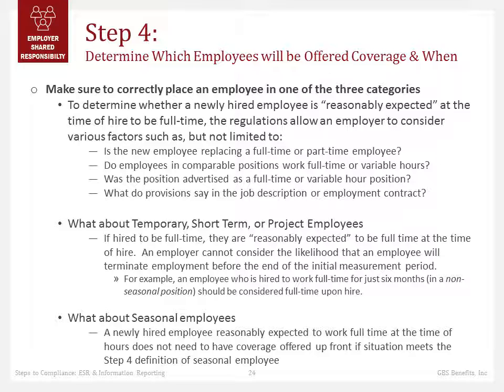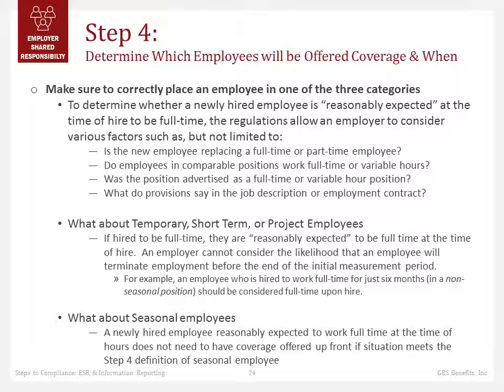We don't expect them to be with us for more than 9 months, but for the IRS, that's not part of the question. The question is just whether you expect them to work full-time or not. So, an example: an employee who is hired to work full-time for just 6 months in a non-seasonal position should be considered full-time upon hire and put into that particular category.